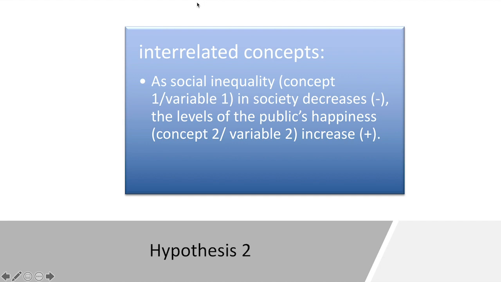This is another kind of hypothesis, which is basically a statement that makes a prediction in a way, but it relates concepts in a meaningful way. And here we have another one: as social inequality in society decreases, levels of the public's happiness increase, right? So these are just examples, and we will carefully take you through the steps of developing these in this course.